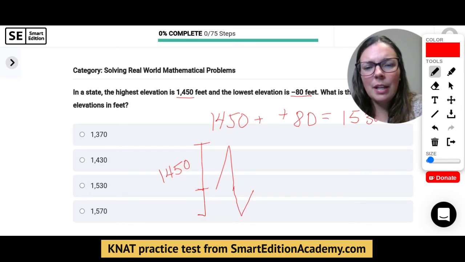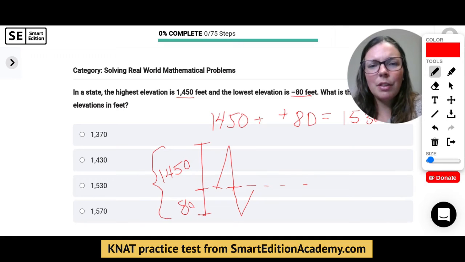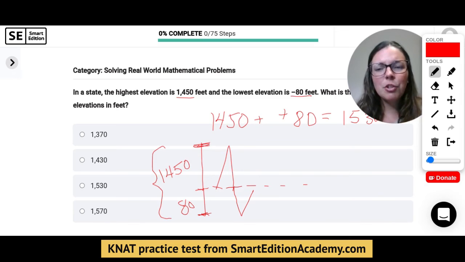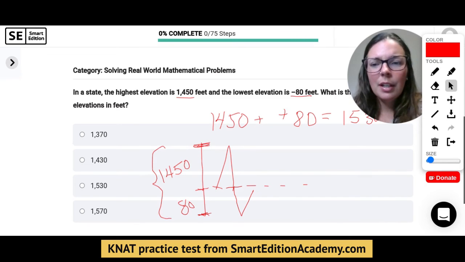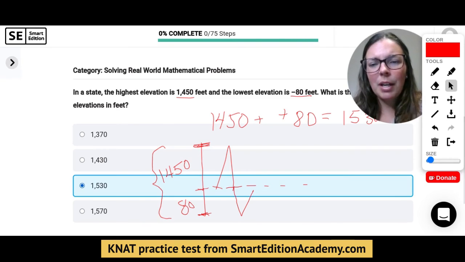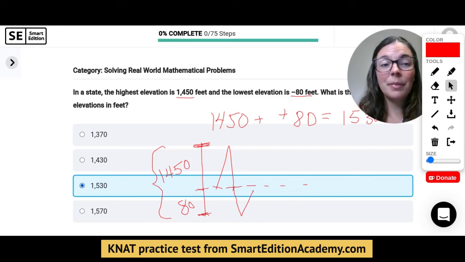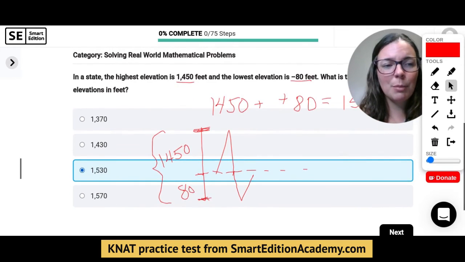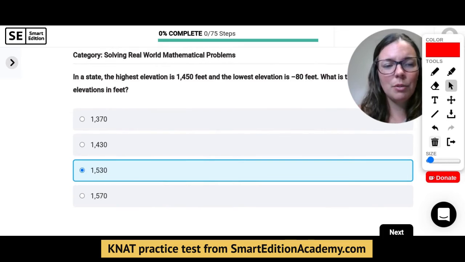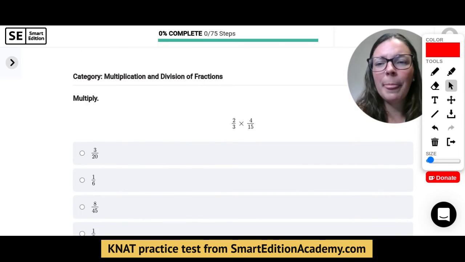So we're going down 80 more, right? So say this is sea level right here. So notice how we need to add these together to find the total, to find the difference from the top to the bottom. So visualizing it could be helpful if you did not see right away that we had to subtract the negative, right? So always good to just check and make sure your answer makes sense too, so drawing a picture might be helpful.